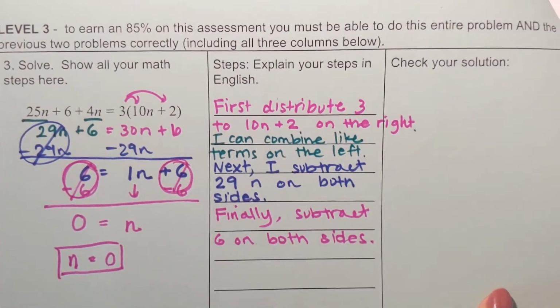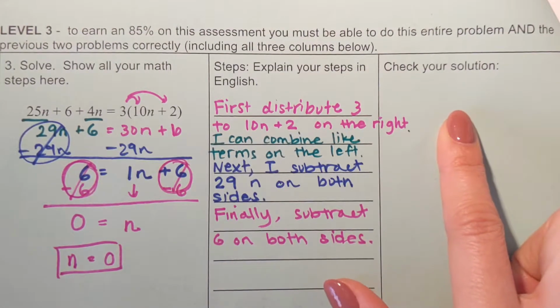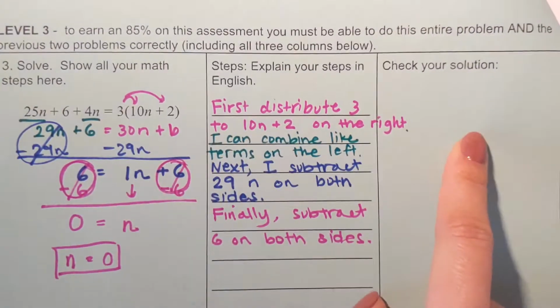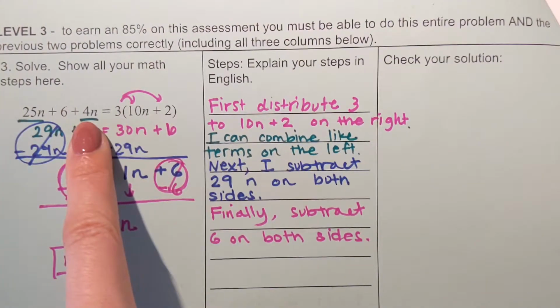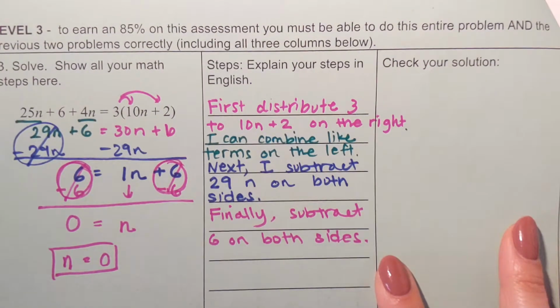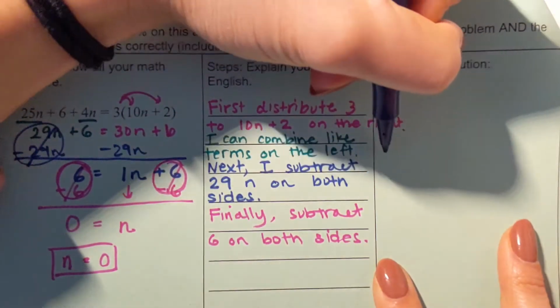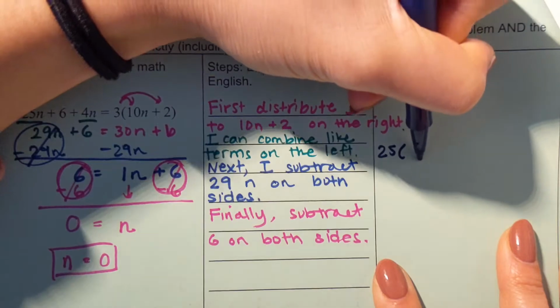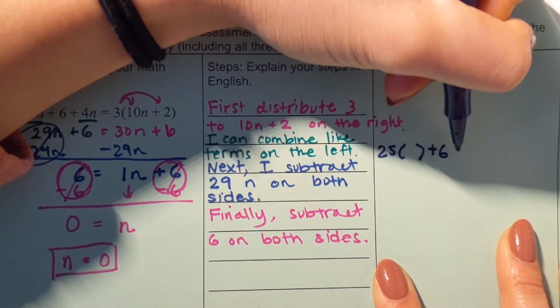Okay. Now on the other side here, we do want to check our solution. That just means we're going to copy this down on the other side here, but anywhere I have n, I'm going to put my solution 0, just to double check that it works. So I'm just going to copy down the equation on this side here, but instead of writing my variable, I'm just going to leave parentheses.